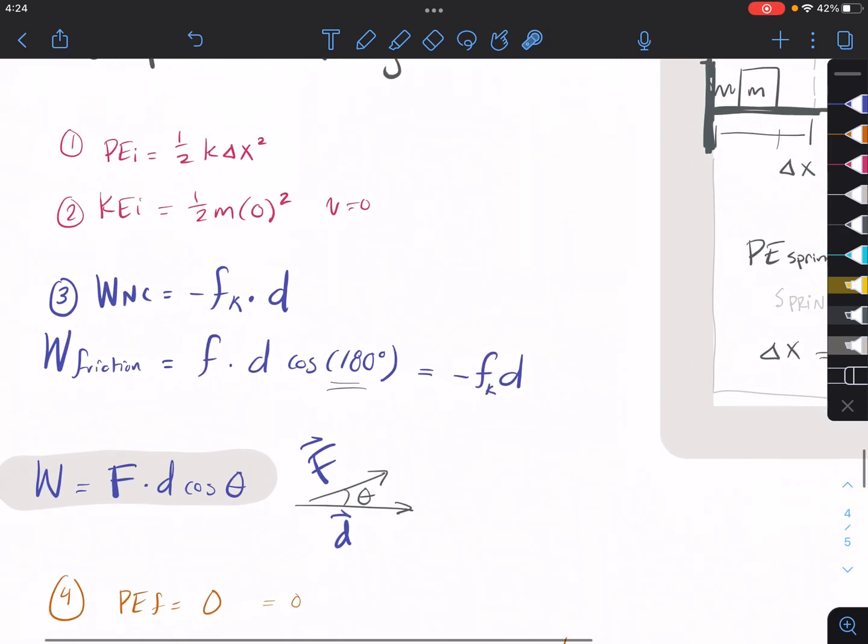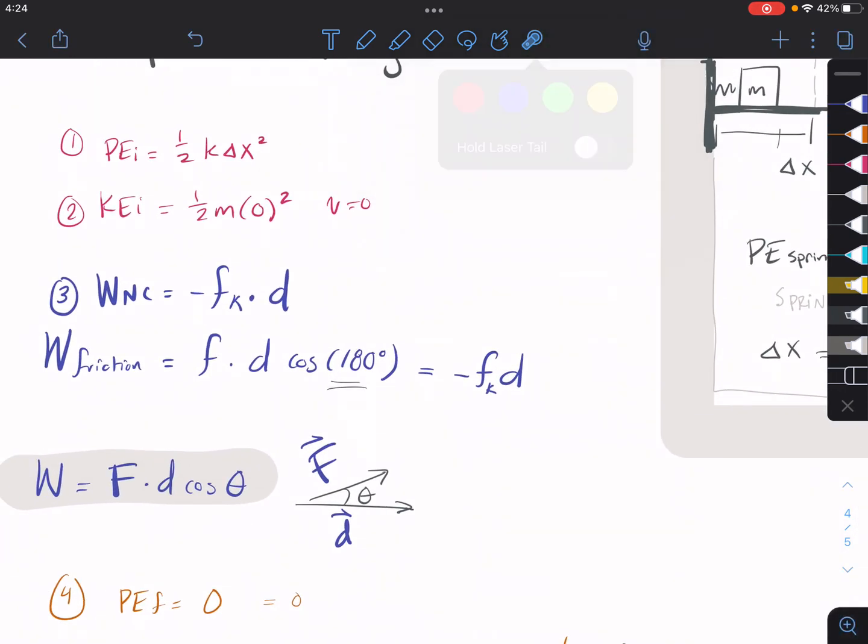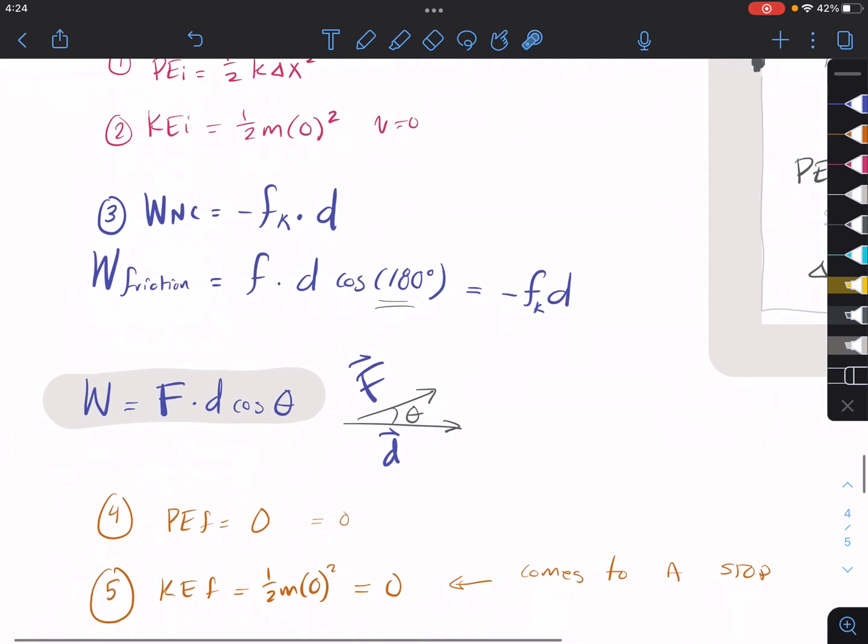The reason why this expression is this negative frictional force times the distance is our work expression is the dot product between a force and a distance vector. The solution to the dot product is the magnitude of the force times magnitude of the distance times the cosine of the angle between them.